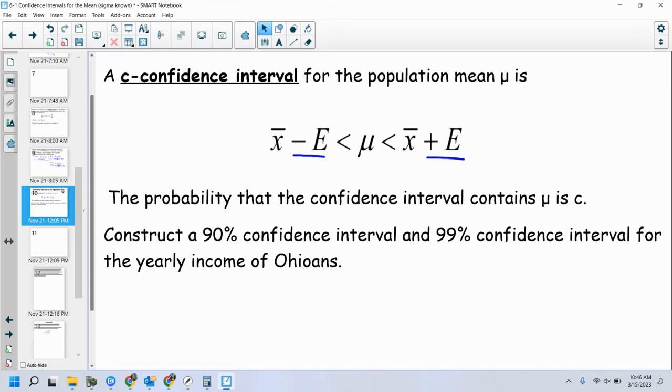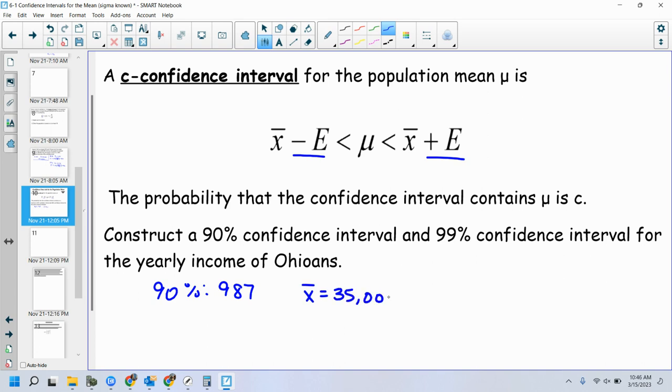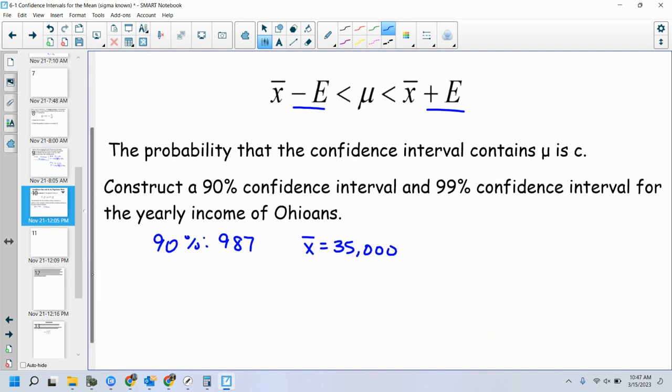So our error margin for 90% was 987, right? And we know our x bar, straight off the last problem, was that 35,000 that we didn't use for our error margin, right?